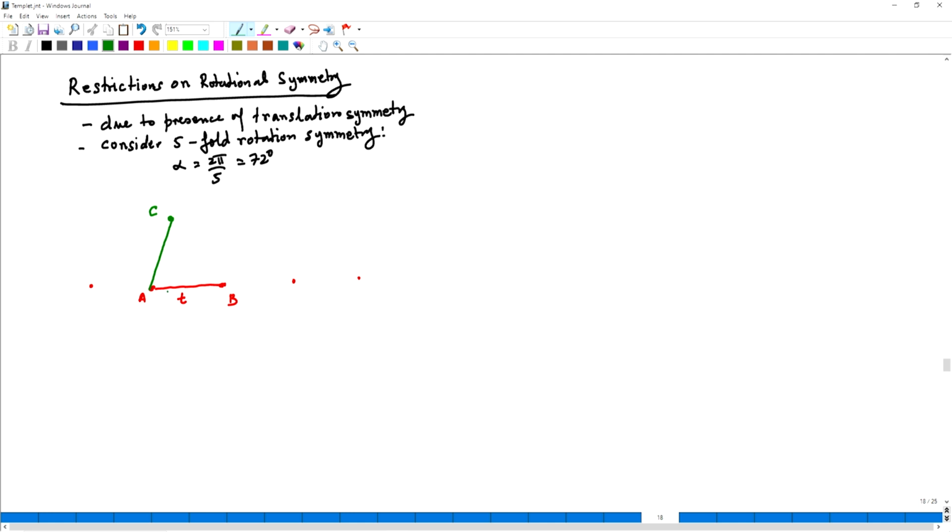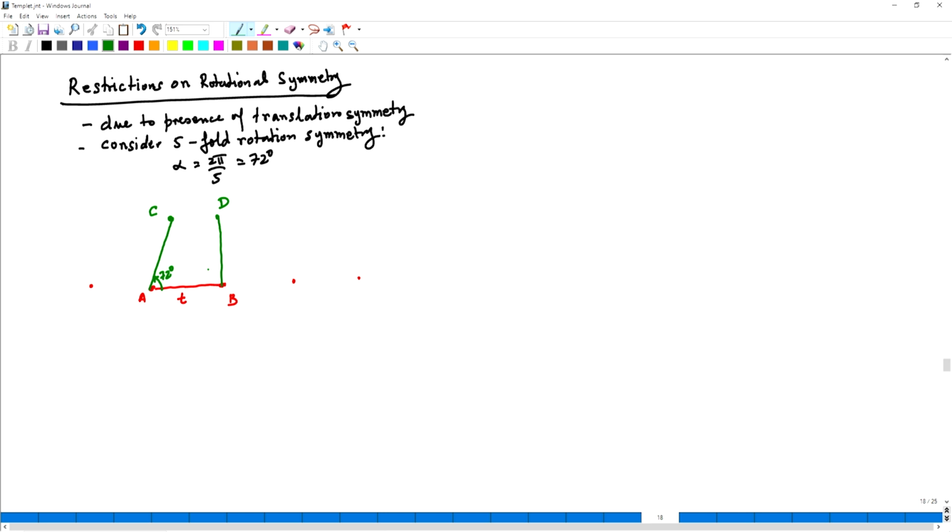So here I have rotated counterclockwise by 72 degrees. At B, I give a rotation of 72 degrees in the clockwise direction and I end up generating a point D.